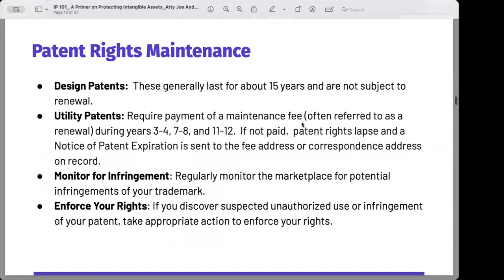Now, as I said, design patents are the ones protecting what it looks like. They last for 15 years, and you don't have to renew them. It's a one-time thing. Utility patents take a fair amount of maintenance. There are times, and you'll see here between years 3 and 4, 7 and 8, and 11 and 12, that you have to update them and pay fees. Patents are not cheap.